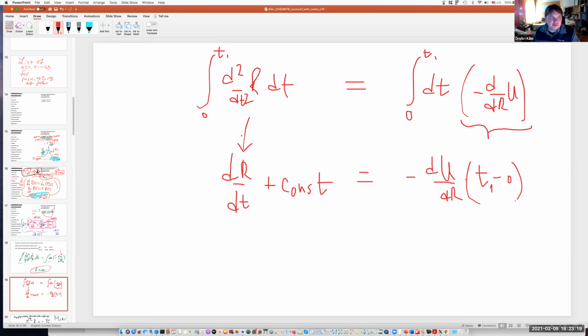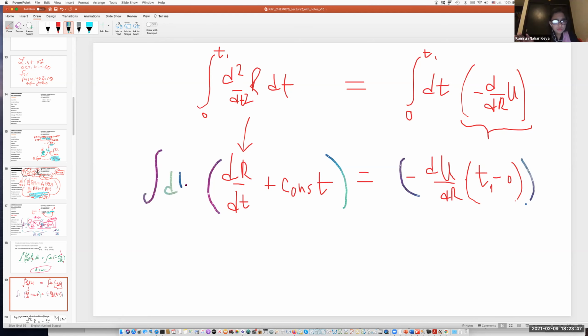What would happen if we apply integration once again? I apologize if I repeat some baby steps, but it's better if we see the steps, you will feel much more confident and comfortable. Then you will get only r on the left side, because the derivative over time will convert into r.